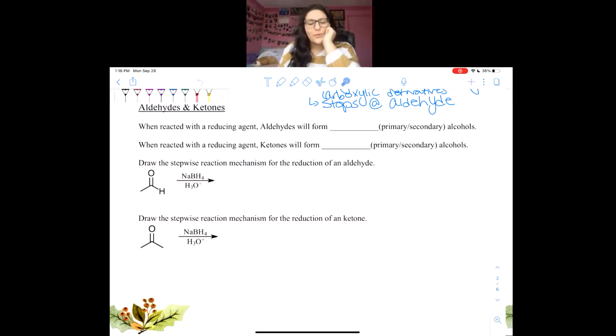So what is our reducing agent here? It's written there, but I want you guys to tell me in the chat. In the first reaction with the aldehyde, what is the reducing agent?